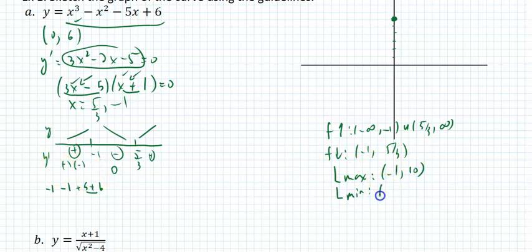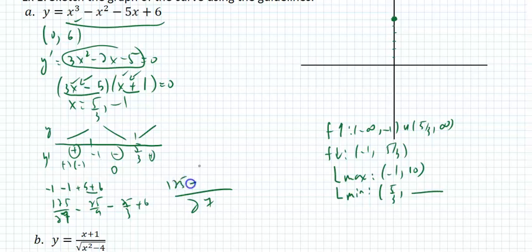And I have a minimum at x equals 5/3. 5/3 cubed is 125 over 27. Minus 5 times 5/3 is 25/3, plus 6. So that turns out to be all over 27. That's 125 minus 3 times 25, that's 75, minus 9 times 25, 225, and 6 times 27.